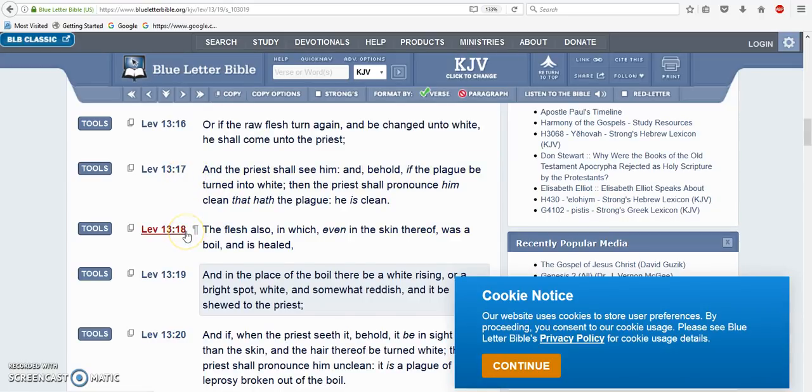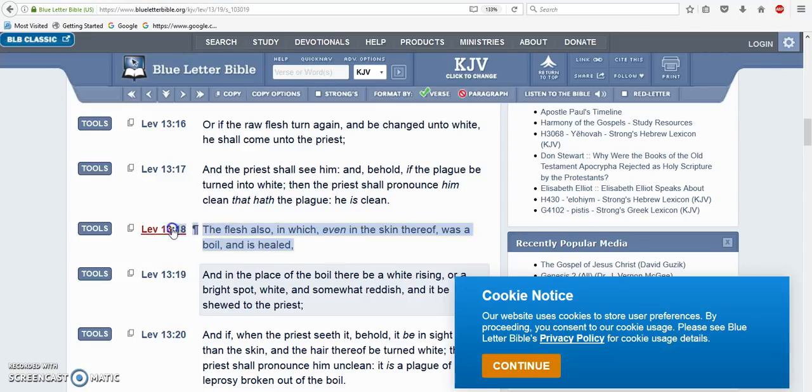Starting with verse 17, it says, "And the priest shall see him, and behold, if the plague be turned into white, then the priest shall pronounce him clean that hath the plague, he is clean. The flesh also, in which even the skin thereof was a boil, is healed."